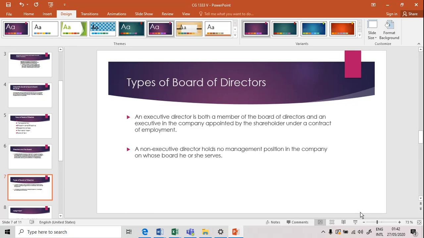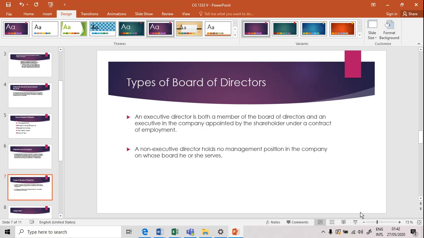Then they are different from the non-executive directors. Non-executive directors are not employees of the company, and they are not involved in the day-to-day running. Usually they have their job somewhere else. Although they may be very popular people, philanthropists in the society, when it comes to minimizing conflict of interest and providing a balancing influence, non-executive directors are expected to carry out this function.